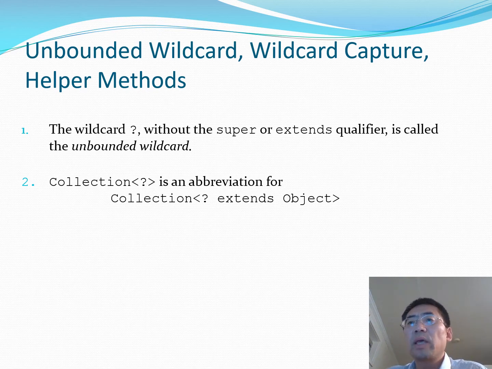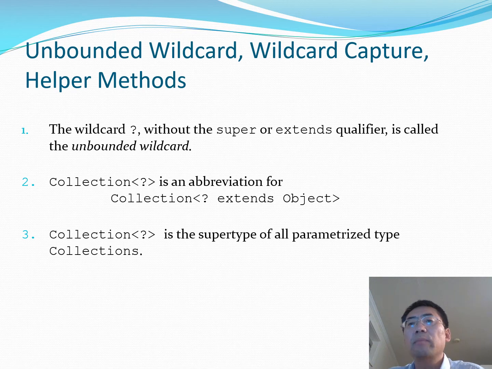It is the same thing as a collection with the extends wildcard, wildcard extends object. So these two are actually the same. A collection with parameterized type unbounded wildcard is the super type of all parameterized collections.